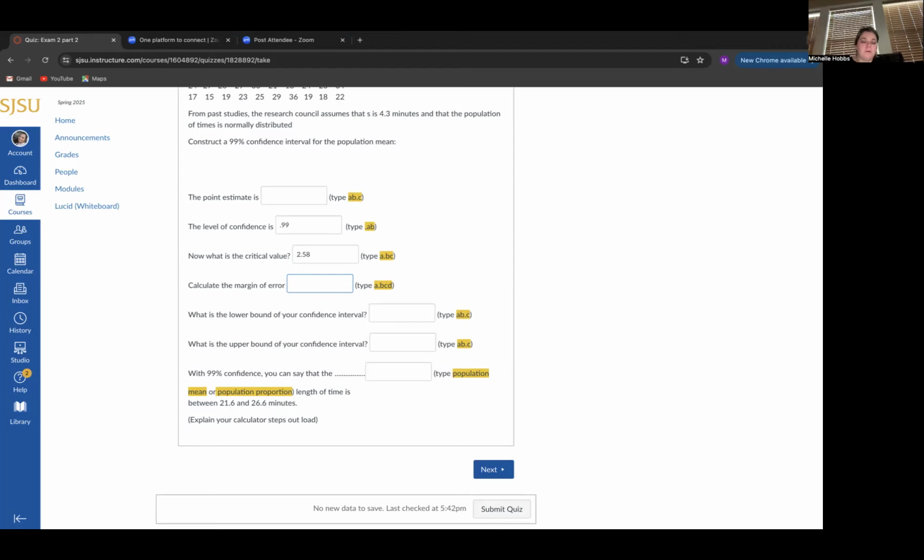And then the margin of error is going to be the 2.576 times 4.3 over 4.472.